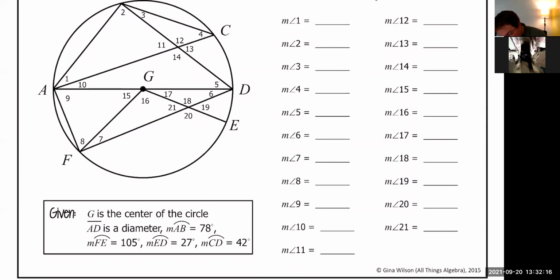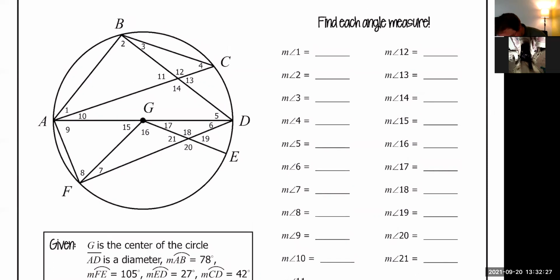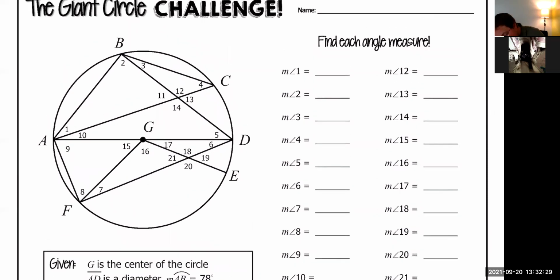From that, though, we were given some information. G is the center of the circle. AD is a diameter. That's pretty handy. The measure of arc AB is 78 degrees. So I'm going to put that over here on the side. So AB is 78 degrees.